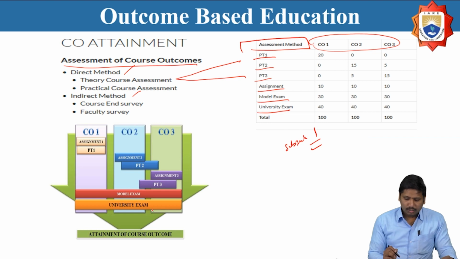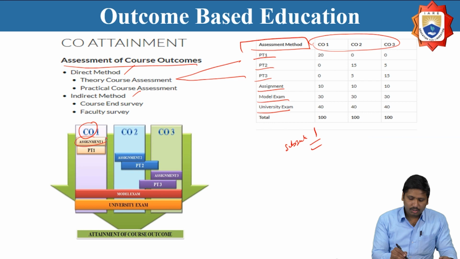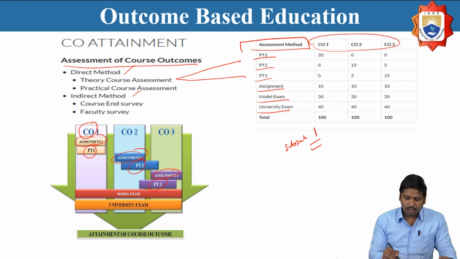If you look at the attainment of course outcomes: CO1 is assessed by assignment and PT1, CO2 by assignment and PT2, and CO3 by assignment and PT3. Those three are subject to the model exam, which is the internal exam, and then there is the external exam, which we call the university exam.